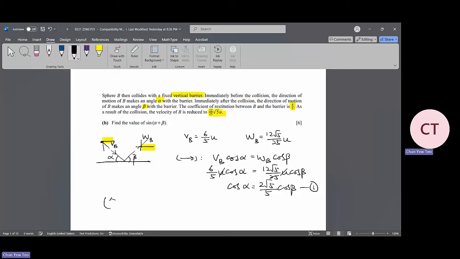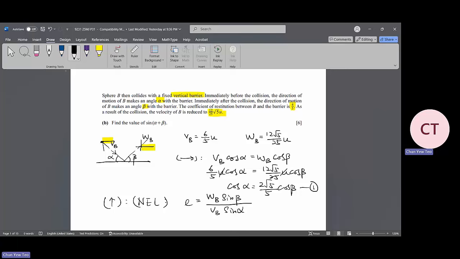Now we consider the one that is perpendicular to the barrier. This time there is collision involved, so we need to consider Newton's experimental law, NEL. So we have e is equal to WB, no need for a negative here, this one only involves the barrier with the particle, so WB sine beta over VB sine alpha.